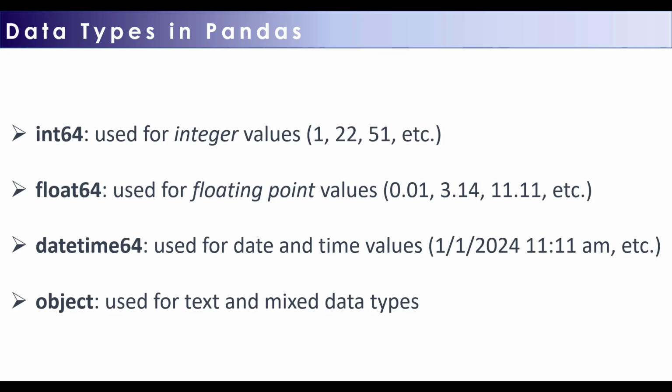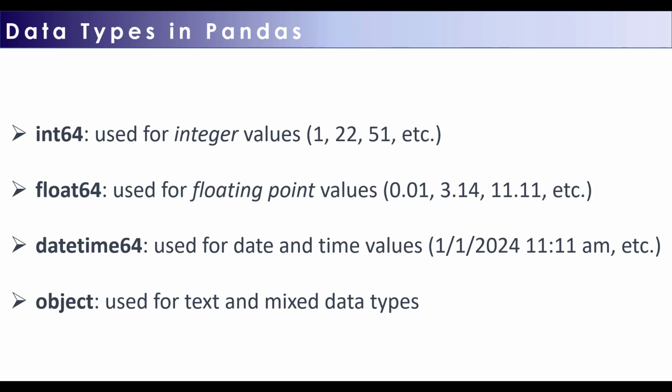Now, even more importantly, there are certain kinds of analytical operations, think sums, counts, averages, and more, just for starters, that only make sense on numeric data types. So if you find a field in your data frame that's assigned an object data type, but contains mostly numeric values, it may be worth your while to look into converting that data type to an int64 or a float64. Much more on this shortly, by the way.